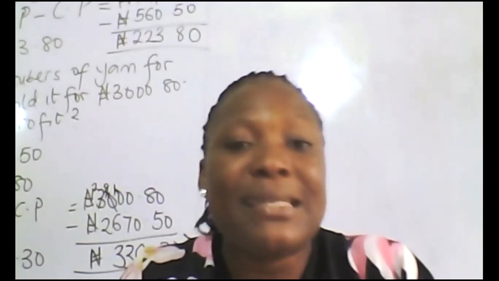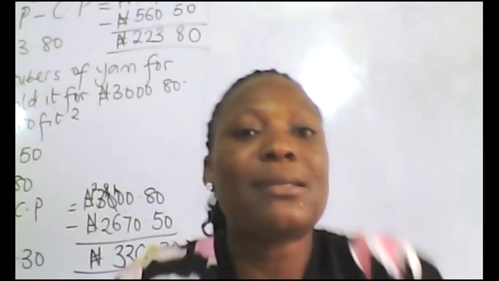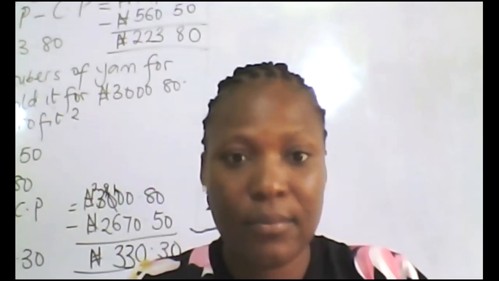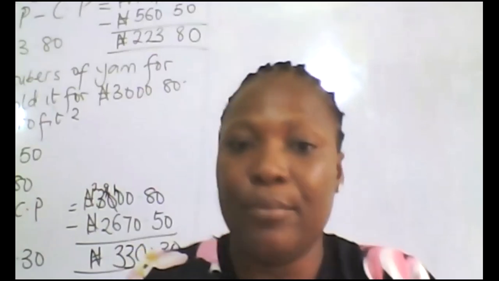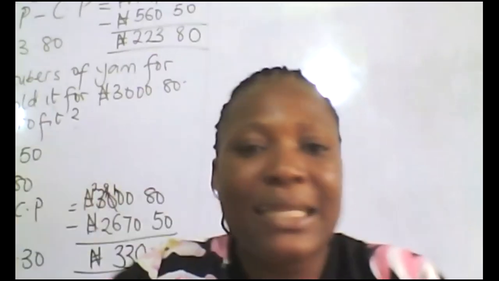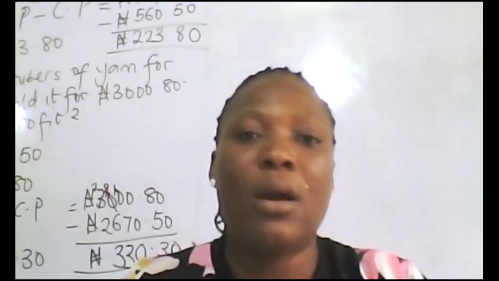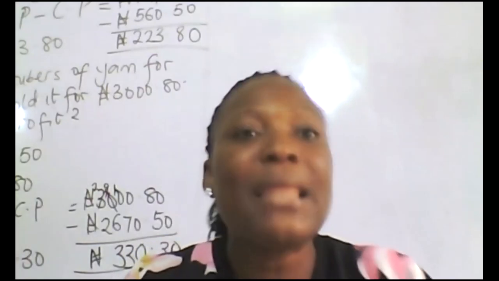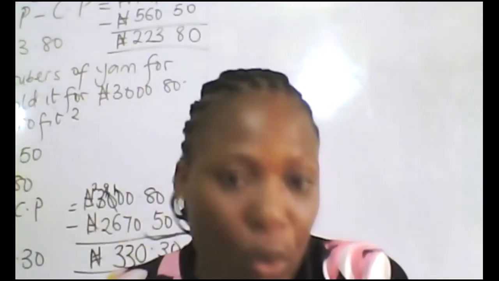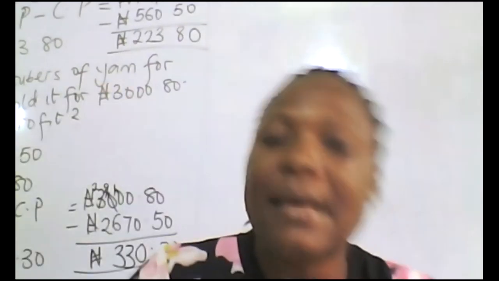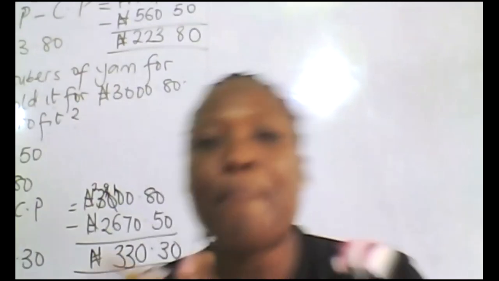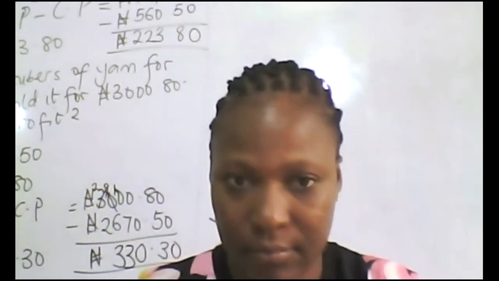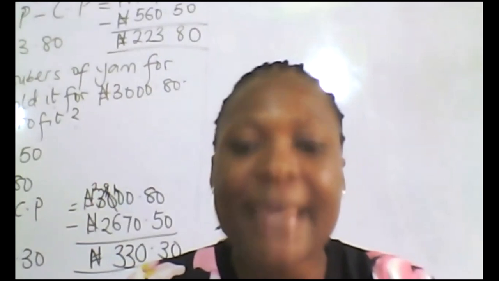The selling price is the amount a trader sells or has sold an item. So just look for the amount the trader has sold the item in the question. The profit equals selling price minus cost price. That is a gain.